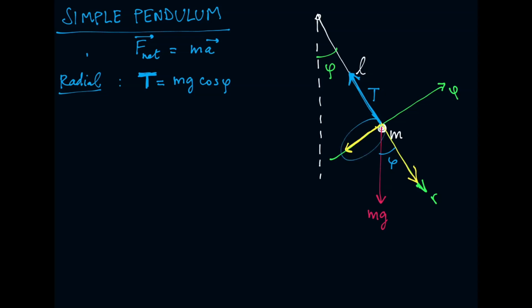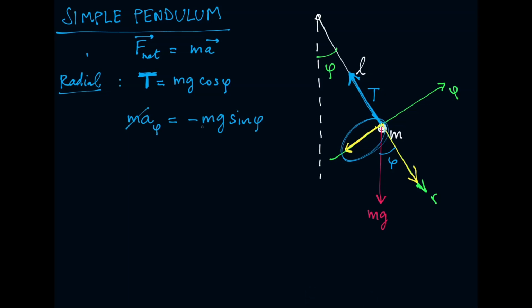However, and this is the important bit, there's a restoring force. There's a component of the gravitational force in the phi direction, which is actually minus, look, mg sine of phi. All right.